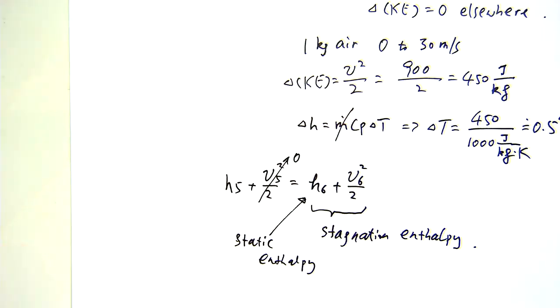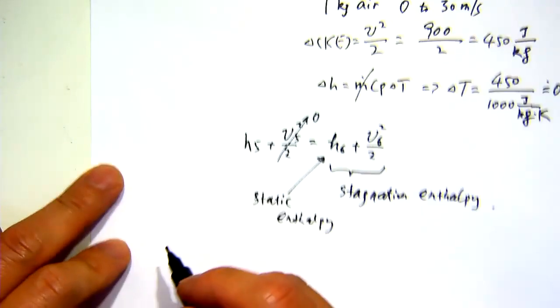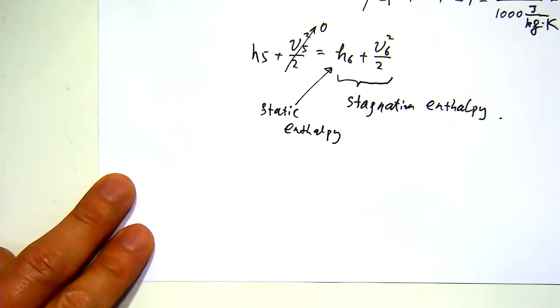So stagnation enthalpy actually is quite useful, particularly when you're dealing with high-speed aviation and compressible flow, and often that's the concept being used. So let's say a few words on the stagnation property.